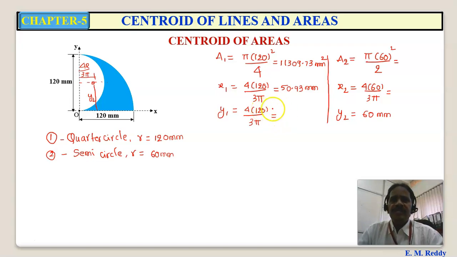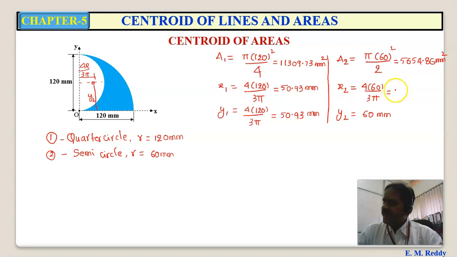Sorry, Y1 is again same, so it is 50.93. A2 5654.86. X2 here 4r by 3 pi, 25.46, and Y2 as 60.